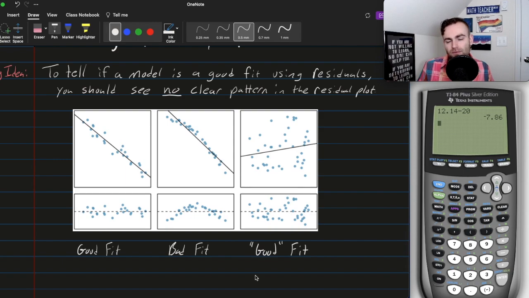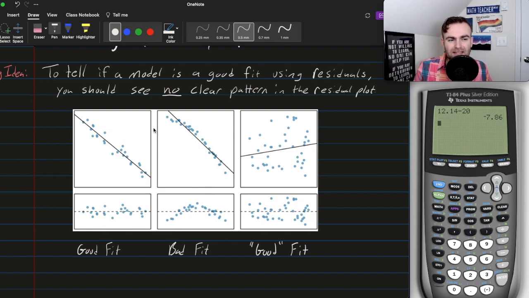So we talked about before that there are 3 major ways to tell if a model is good or not. We can think about the context. We can look at the R and R squared values, which are great. But we can also look at residuals. So let's look at these models here. This data looks linear, and its residuals have no real pattern to them.